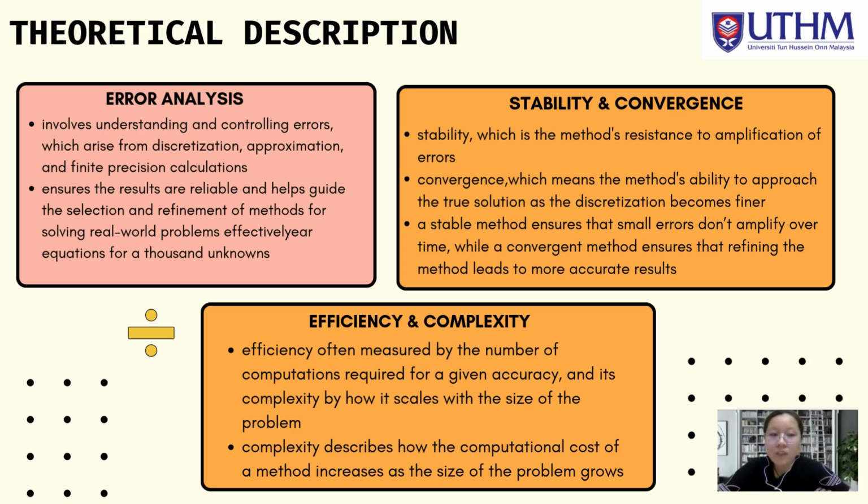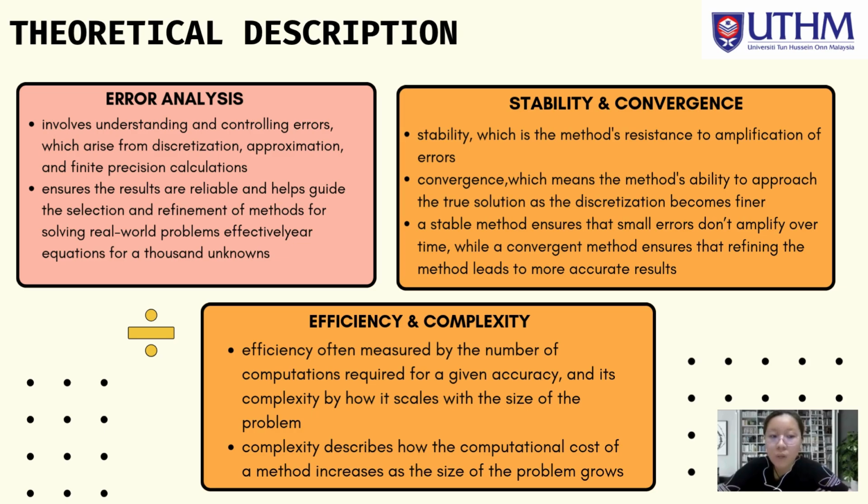The last theoretical description is efficiency and complexity. The efficiency of a numerical method is often measured by the number of computations required for a given accuracy and its complexity by how it scales with the size of the problem.